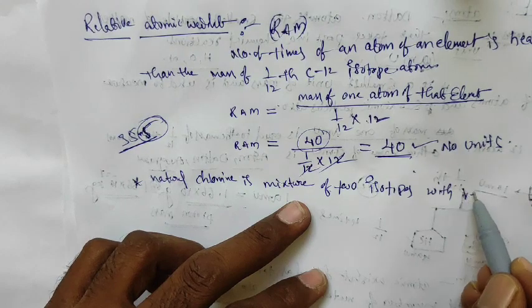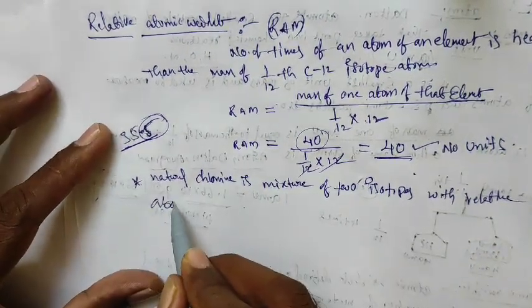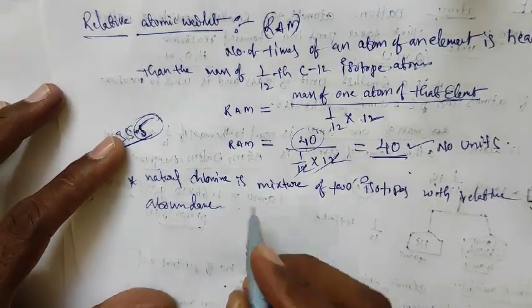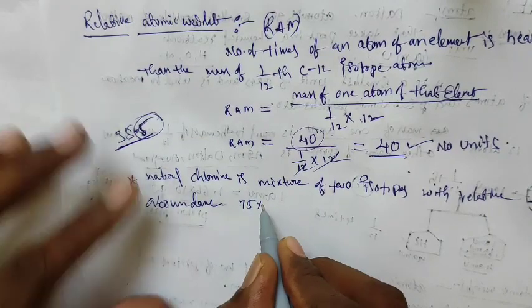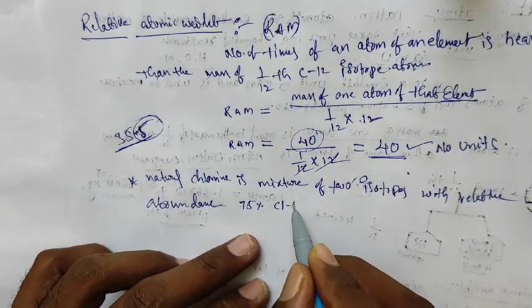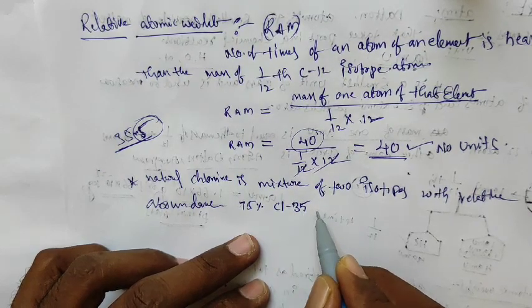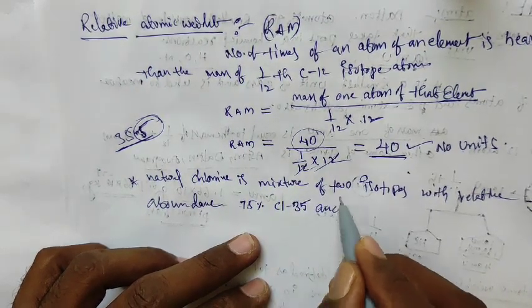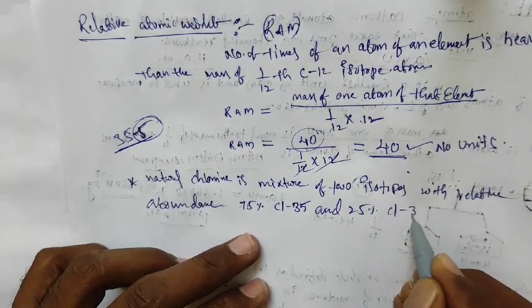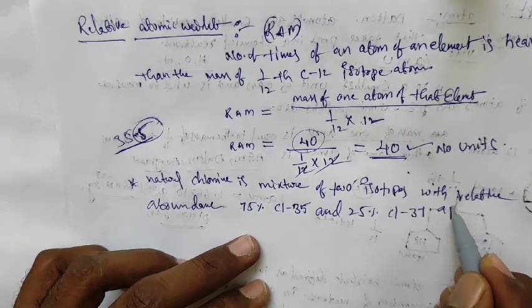Isotopes with relative abundance: 75% of chlorine atoms have mass 35, and the remaining 25% of chlorine atoms have mass 37, approximately.